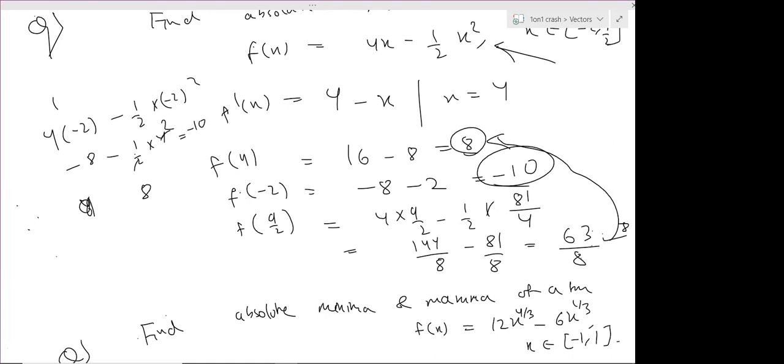Right, after that, try this question. F of x is 12 x to the power 4 by 3 minus 6 x to the power 1 by 3. X belongs to minus 1 to 1.